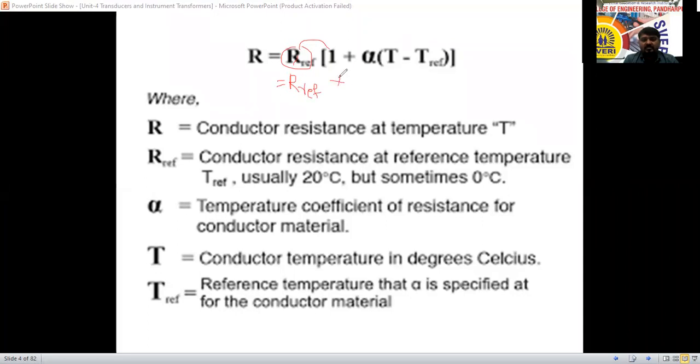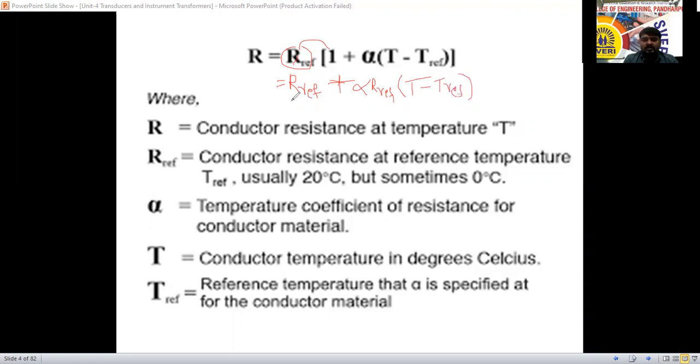Here plus symbol, I will use RTC. Alpha into R reference I will write here now, alpha into R reference and T minus T reference here. T minus T reference we are going to call that one.